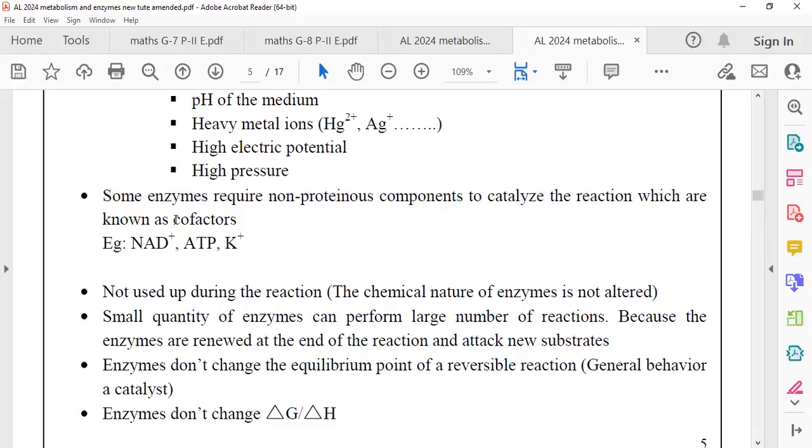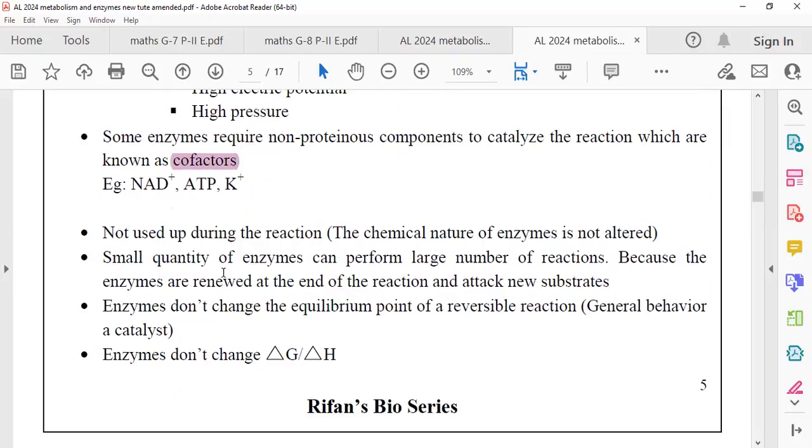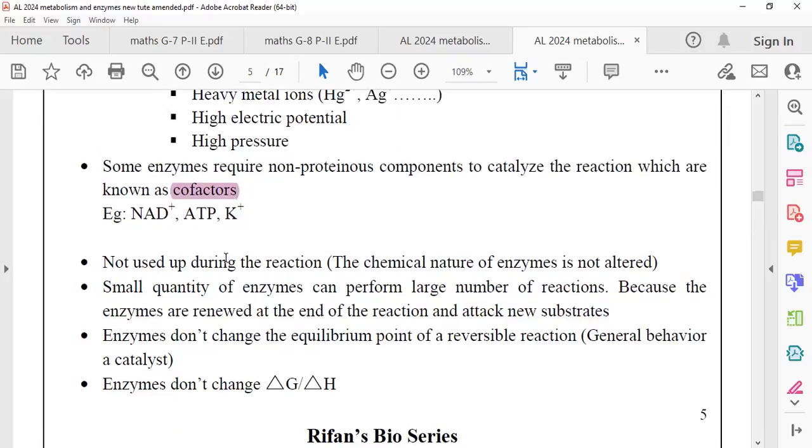What are the names of this non-proteinous component? Read this word. Cofactors. So who are cofactors? They are non-proteinous components required by an enzyme to perform its catalytic action.